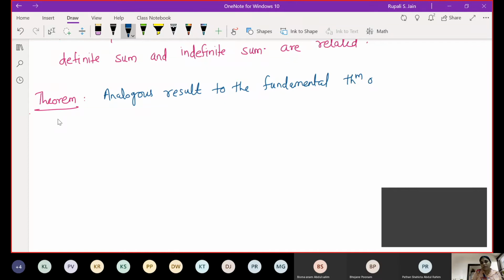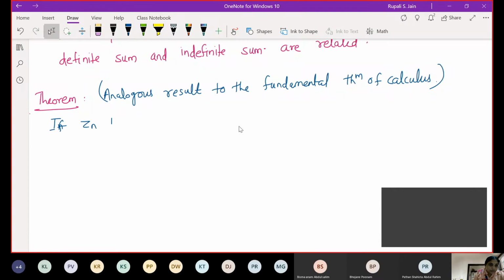What is the fundamental theorem of calculus? Can anybody recall it? I will write the statement of this theorem and you can recall up to that.